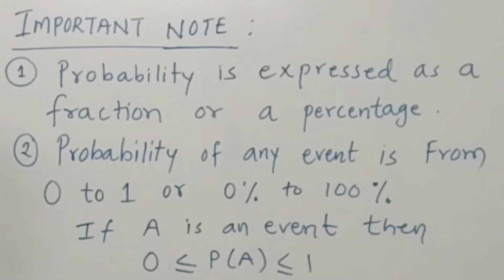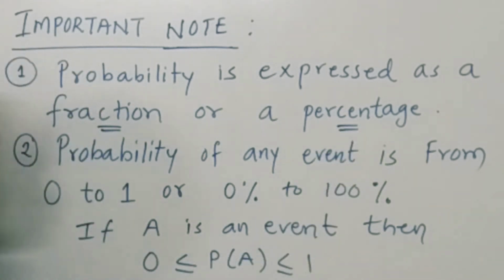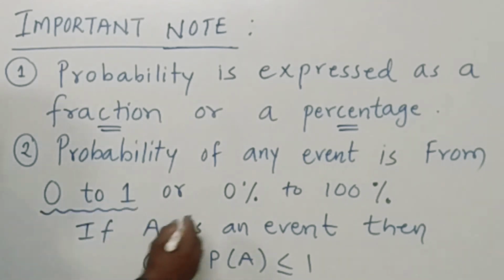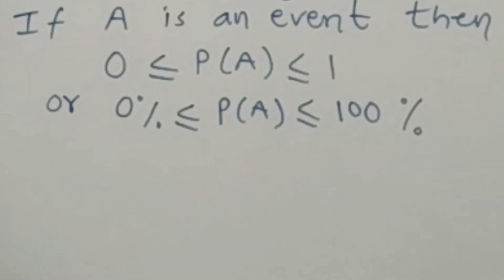Note about probability. First, probability is expressed as a fraction or a percentage. Probability of any event is from 0 to 1, or 0% to 100%.